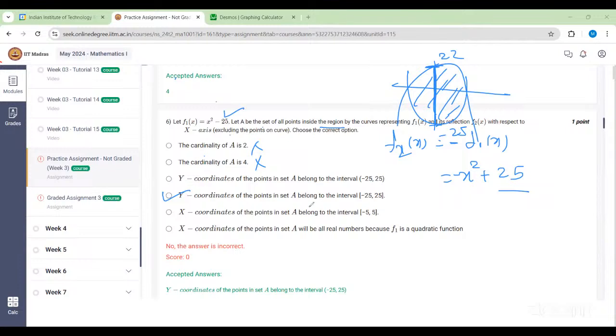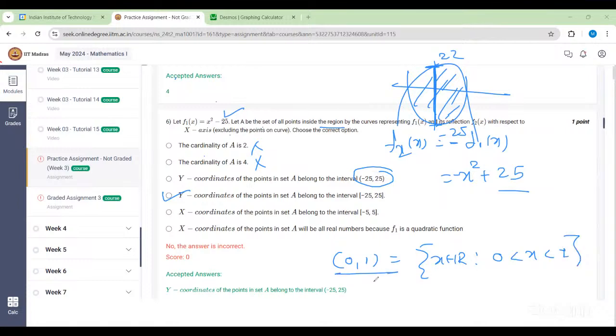What is the difference between the third and fourth options? The y coordinate open interval is there, right? An open interval means it won't include the endpoints. For example, if I give you the open interval 0, 1, it means the set of all real numbers where 0 is strictly less than x is strictly less than 1.